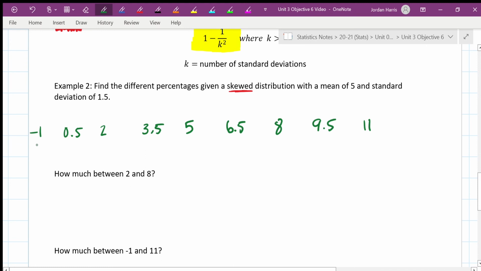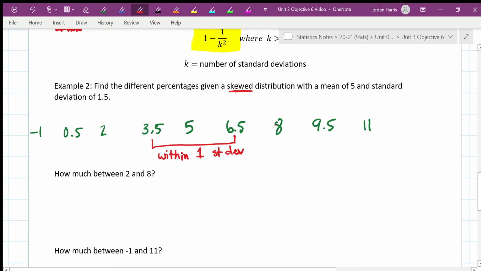Each step is 1. A reminder: when we say within 1 standard deviation, we're talking about 1 to both sides. So it says how much between 2 and 8. 2 is 2 below, 8 is 2 above.